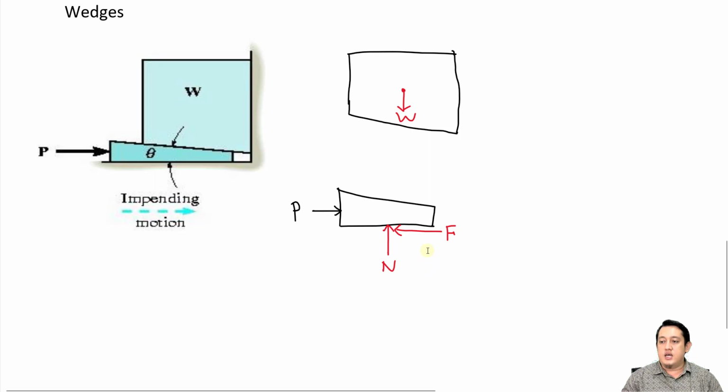Next, do we have any contact in this area? Look carefully. No contact, so no normal force and no friction. Do we have any contact on this surface here? Yes, we do. This wedge made contact with this block, so it will have a normal force at 90 degrees also.